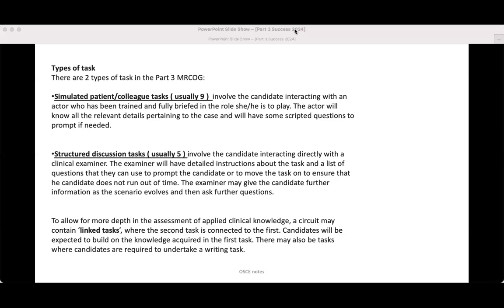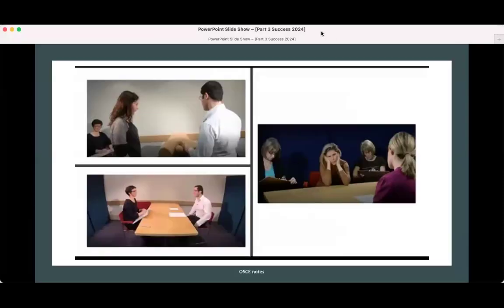One second. So this is an example of a simulated patient task. This is a role player in the middle, and this is a clinical examiner, who is a doctor or an examiner in the RCOG and is assessing you.